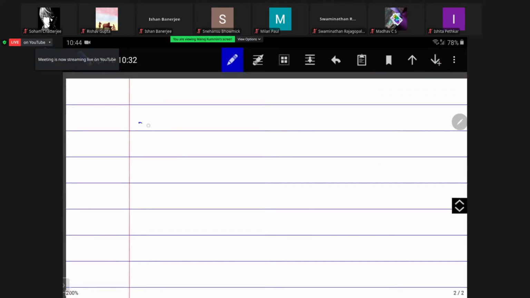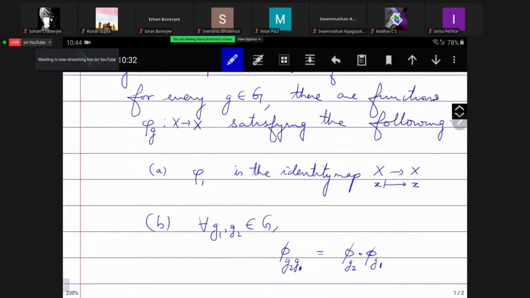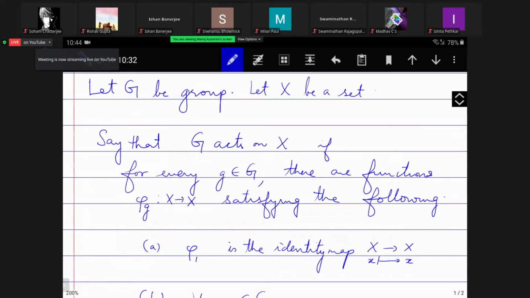Therefore, for all G in G, phi of G is bijective. Although I did not say that these functions are bijective in the definition, it is immediate from the definition that these functions are bijective. I will write it properly in an exercise so that you can think about it and work through it.